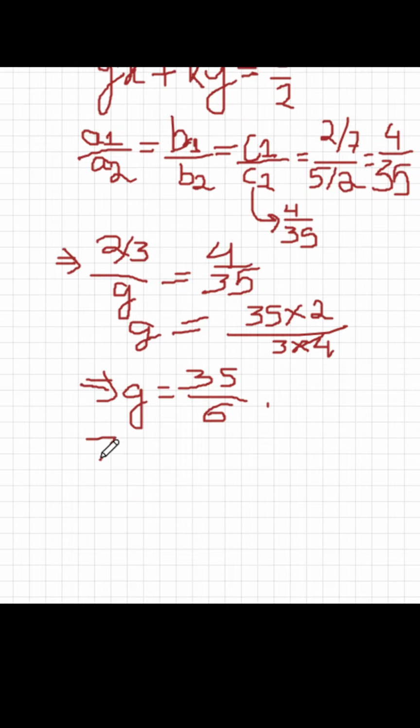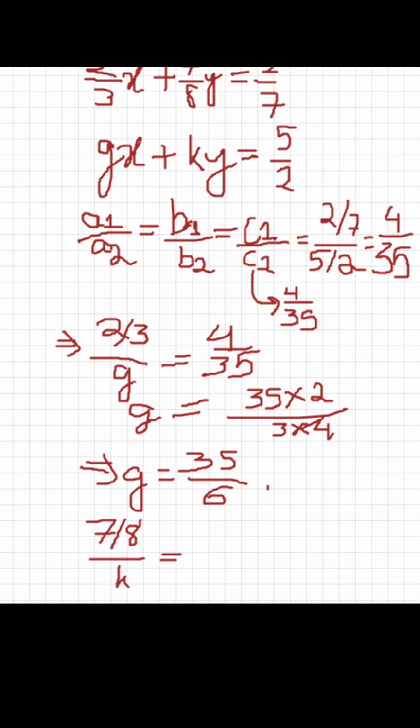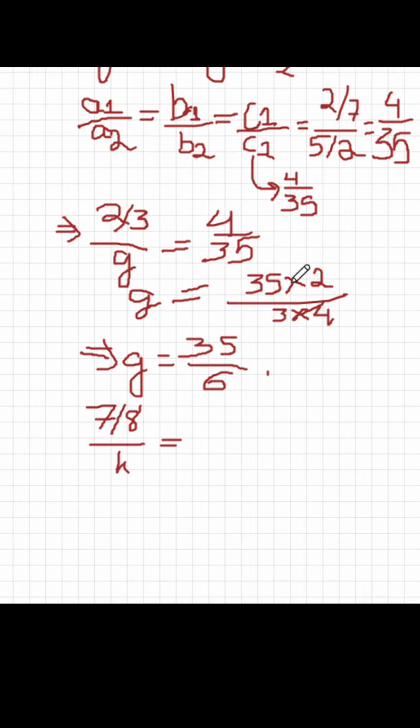that will be 7 by 8 by k is equal to, again, that will be 4 by 35.